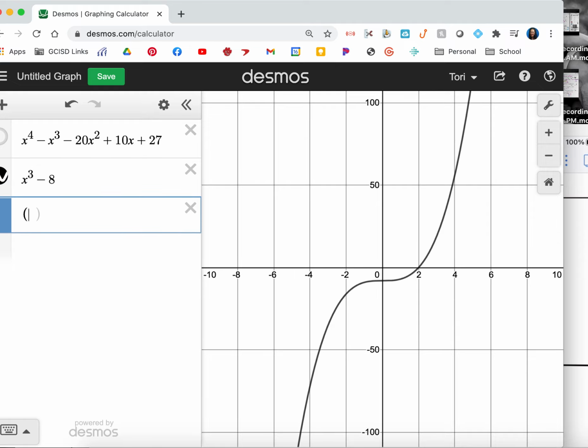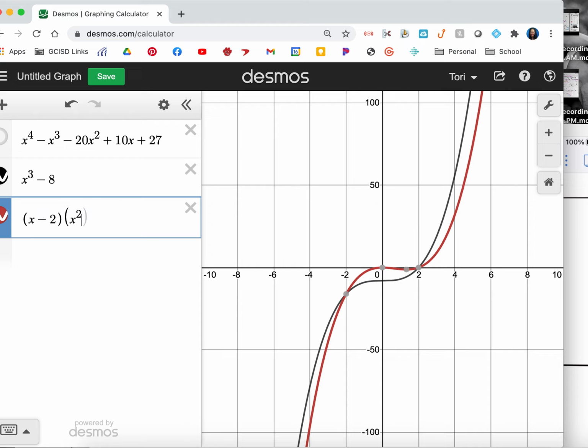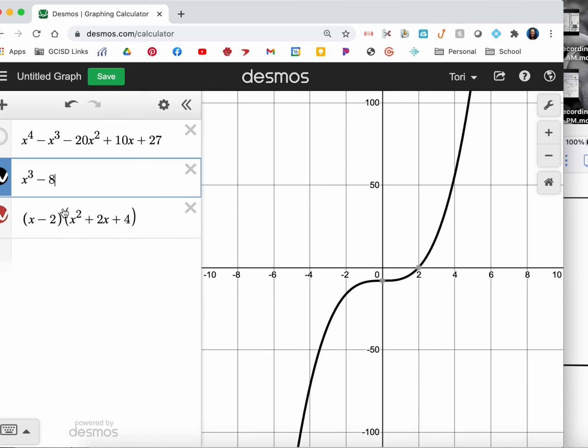Bring it down, and I'm just doing this when we're practicing to make sure that we end up with it right. X minus 2, and then an x squared plus, sorry, plus 2x plus 4. All right, black one, red one are both the exact same. You can see here that we are going to have that one solution at 2, but we are not going to have another place where it crosses because this doesn't factor anymore.